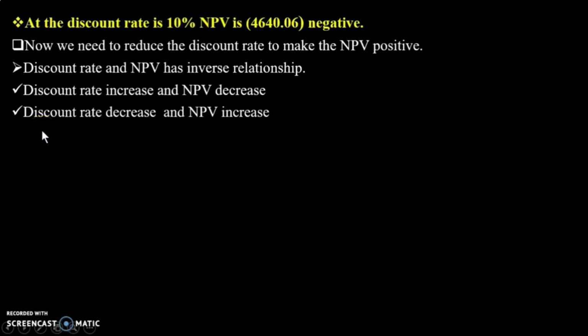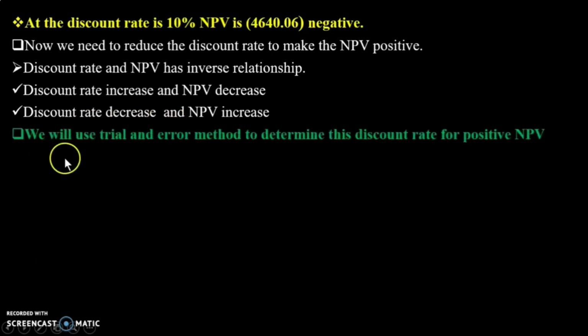Otherwise, if the discount rate decreases, then NPV increases. So we must use the trial and error method to determine the discount rate for positive NPV. We need a positive NPV for determining IRR.